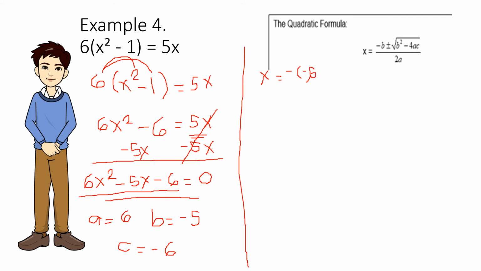Negative 5 yung given natin. Plus or minus square root of negative 5 ulit, the value of letter b. So, lagyan nyo ng open and close parenthesis para ma-specify natin yung sign. Minus 4 times the value of letter A. This time our A is equal to 6. Then the value of letter C is negative 6.